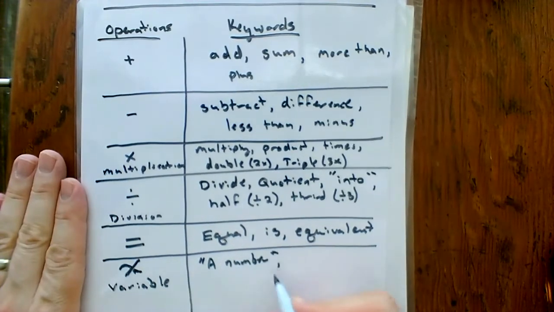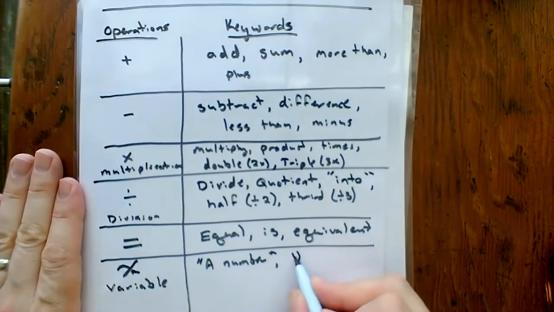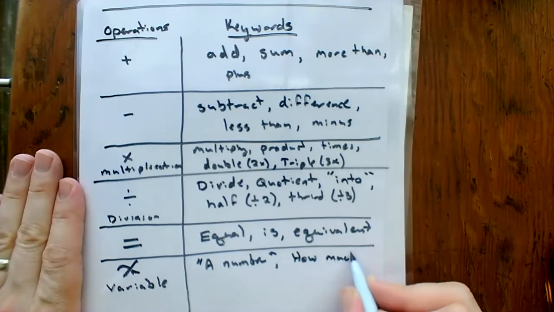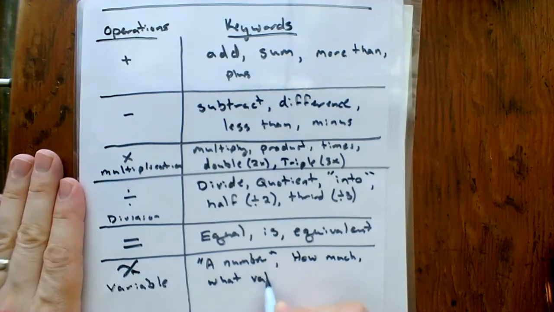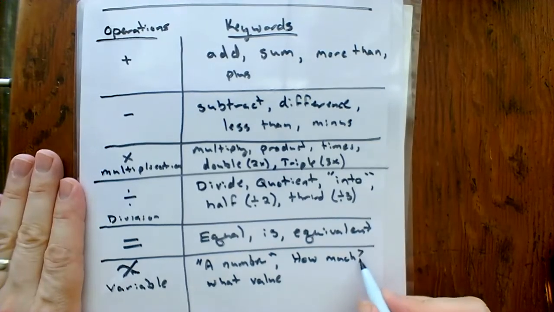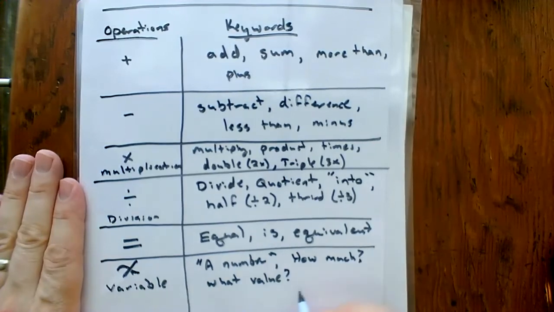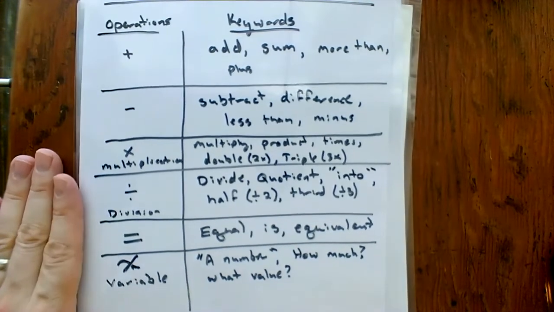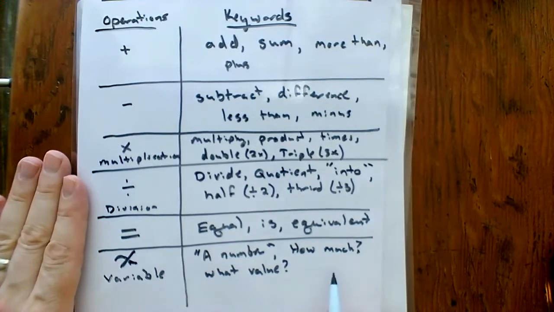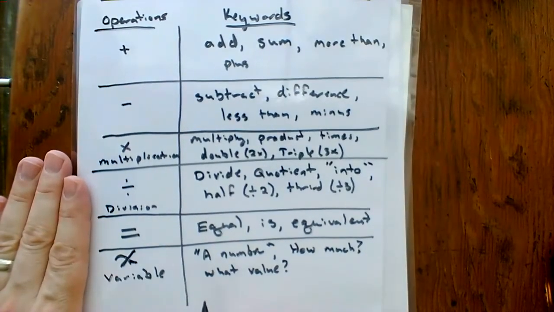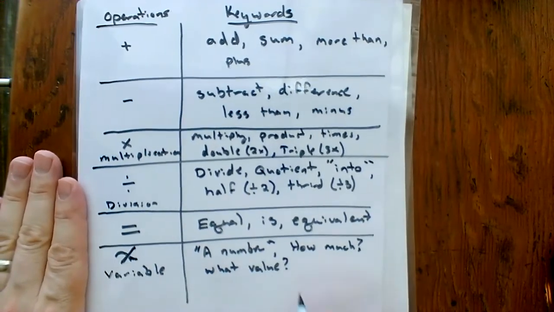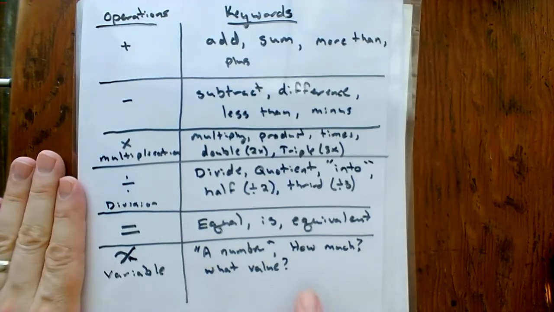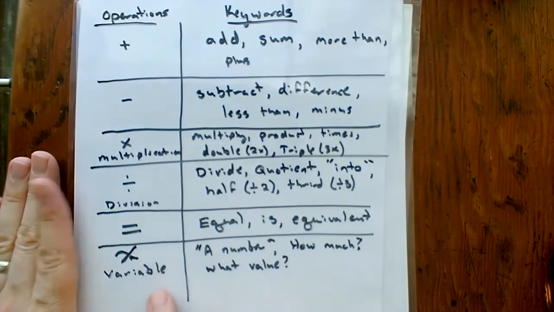Or frequently, you're also going to hear this as a question word, like how much, what value. So you're going to run into these question words, and frequently those are going to be the variables, or sometimes it's going to be something that's less of a question word and more of just a thing that you don't know. So it could be an age or an amount. So it's literally, your variables are determined by your context.